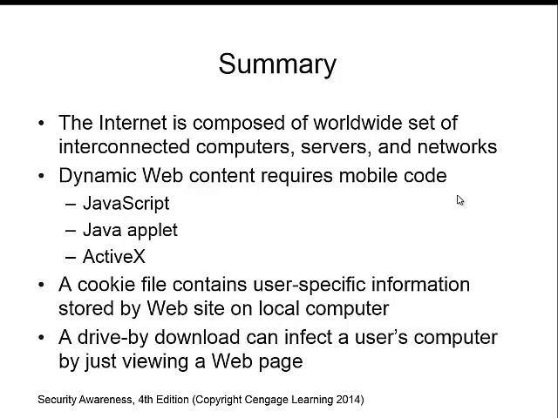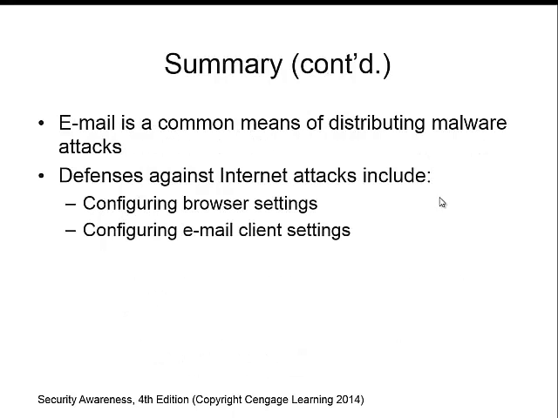Remember, you have first and third level cookies. A drive-by download can infect a user's computer by just viewing a web page. And then email is a common means of distributing malware attacks. Some of your defenses against the internet attacks include configuring your browser settings and configuring your email client settings.